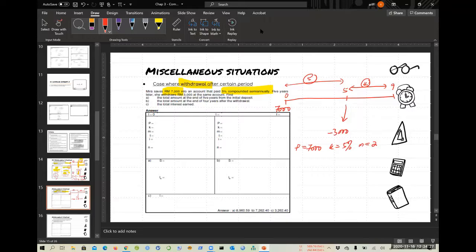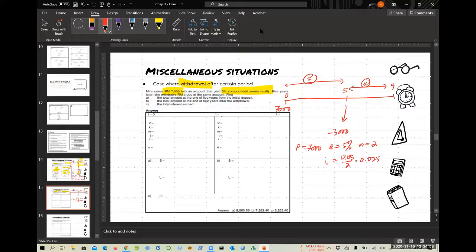And then you have I, because I doesn't change. So in this case, the K is 5%, so that means I will be 0.05 divided by 2, which gives you 0.025. But for your N, you have two values because you have two portions over here.